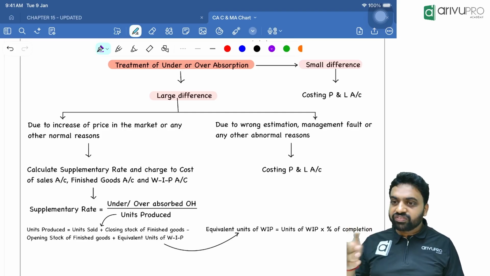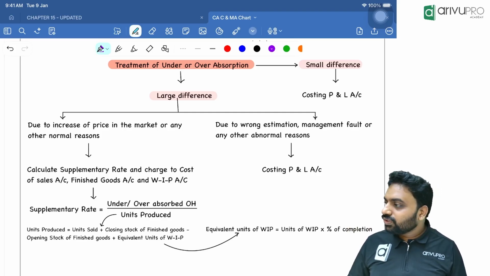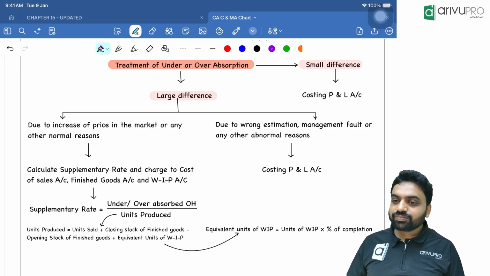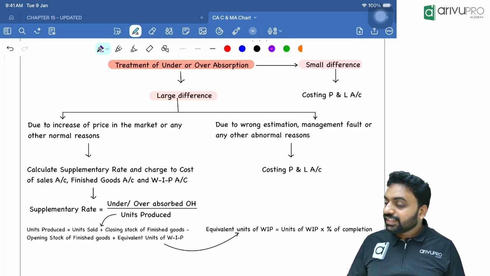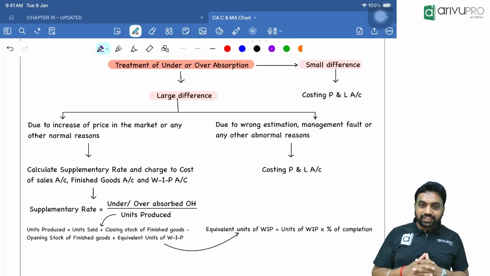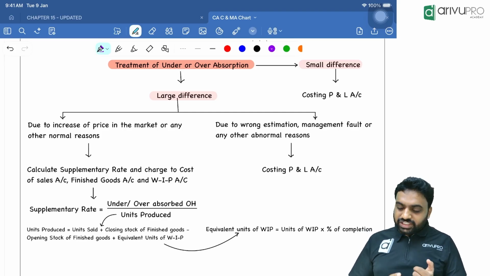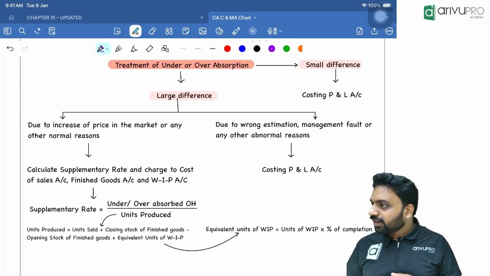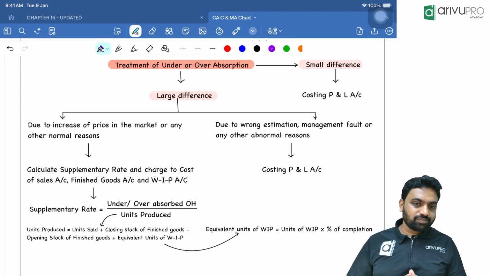Imagine this building for 6 lakh, who will give? So the estimation itself is wrong, or it's completely management's fault. Whatever abnormal things are there, wrong estimation, management's fault, any other abnormal reasons, straight away charge it to costing P&L.